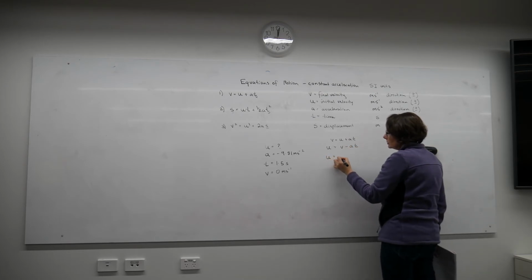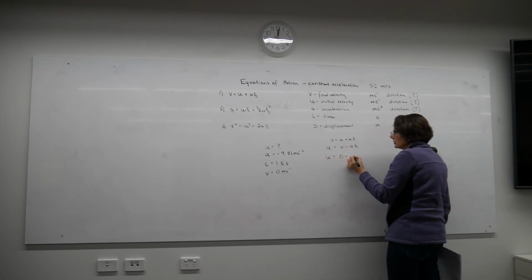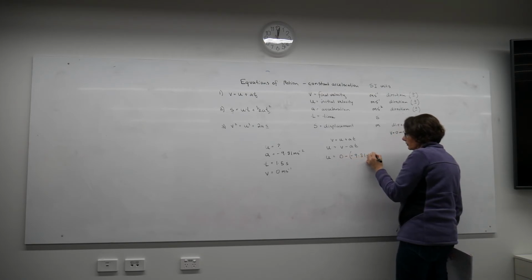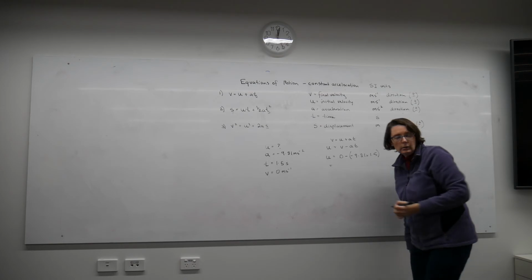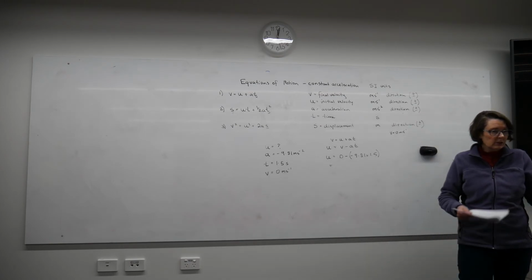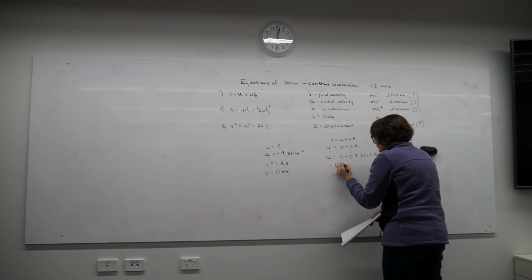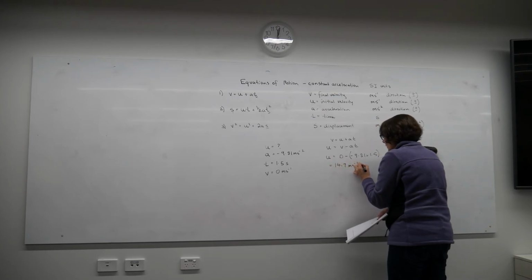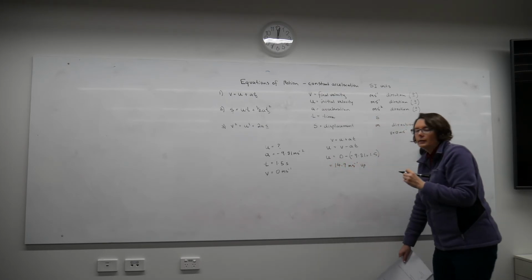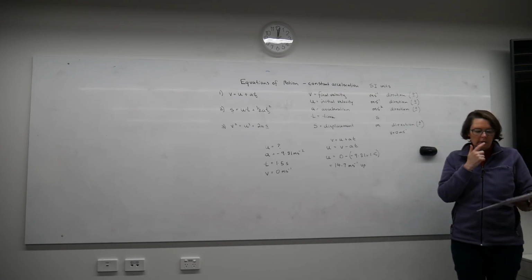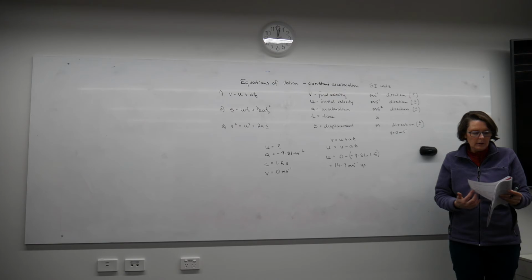So u is equal to 0 minus negative 9.81 times 1.5. Okay, so that's why it's important to have the signs correct. And we'll get 14.7 meters per second, up is our direction. Okay, remember we're setting up as our positive direction and down as the negative direction.